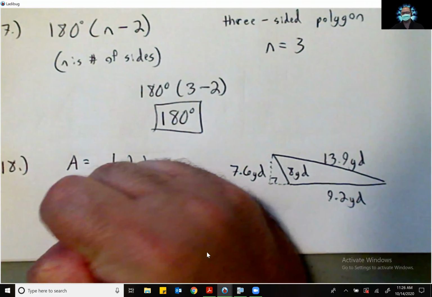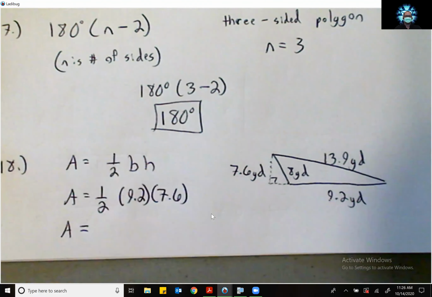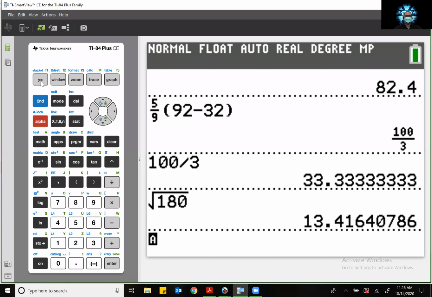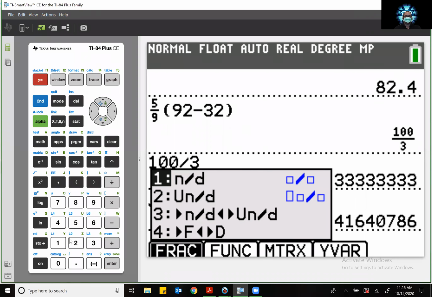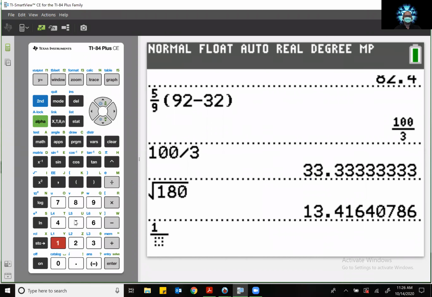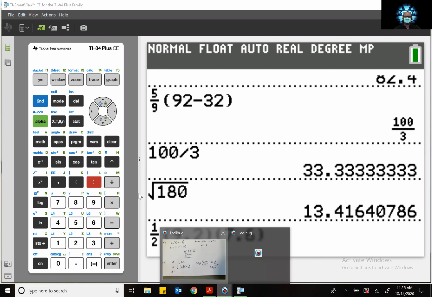So all we need to do is go to our calculator and do some quick multiplying. For our fraction, we'll put the 1 over the 2, scroll out, and then I'm going to put a parenthesis, 9.2, close it, and then another parenthesis, 7.6, close it. It's the same way I have it written on my piece of paper.